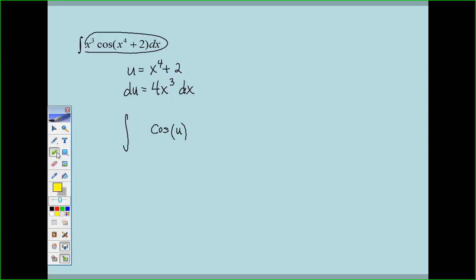So now we just have to replace dx and x cubed. Notice down here we have x cubed dx. We don't need that 4, so we can divide the 4 to the other side, and we're just left with x cubed dx. So now we can replace x cubed dx with du over 4.